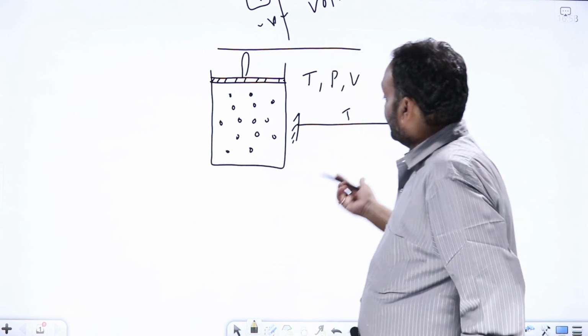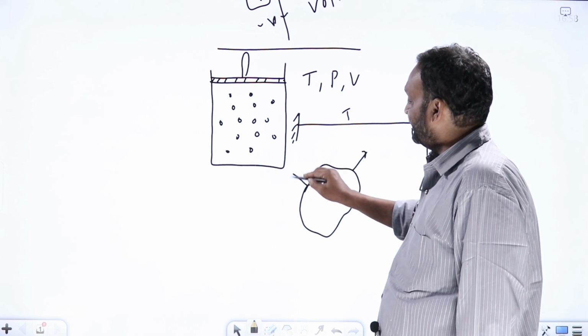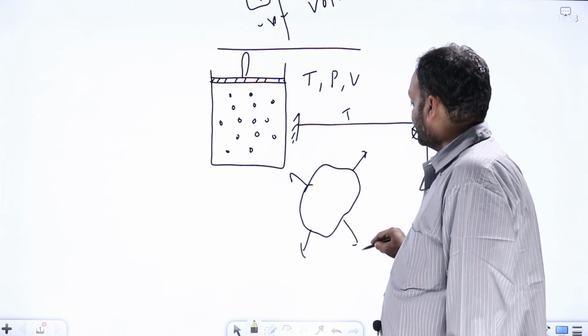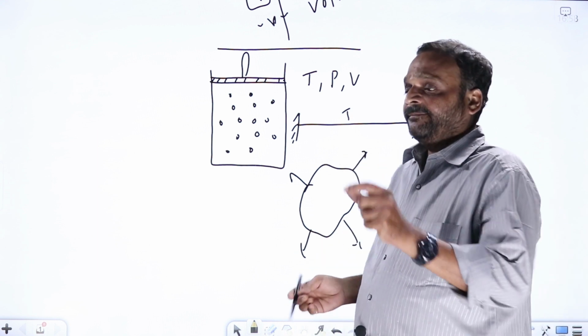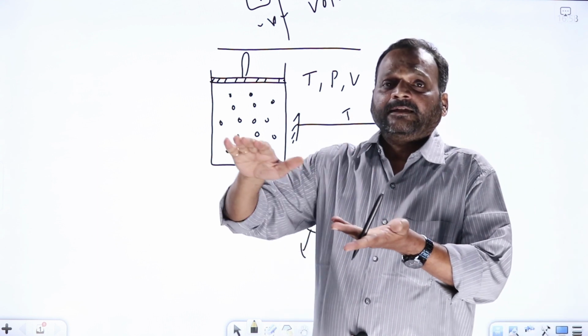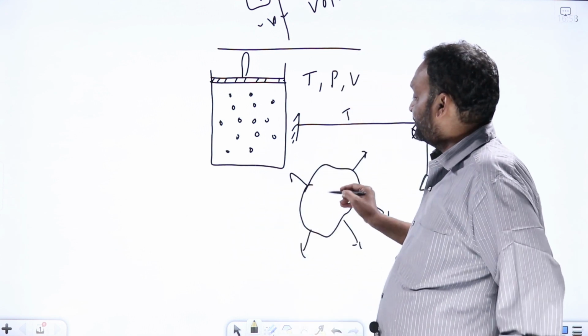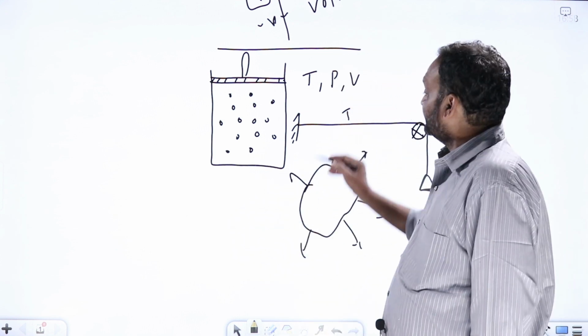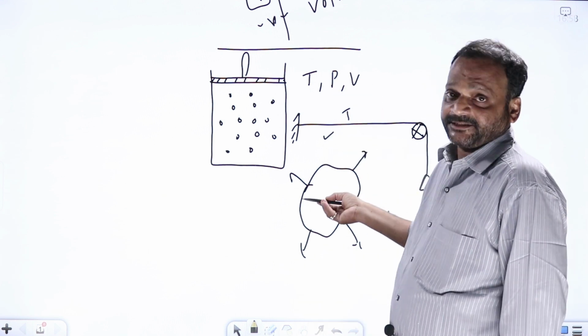This can also be a surface film, like a soap bubble or an oil film on water. They are all surface films or stretched membranes. This can also be a thermodynamic system. Only thing is, the parameters will keep on changing.